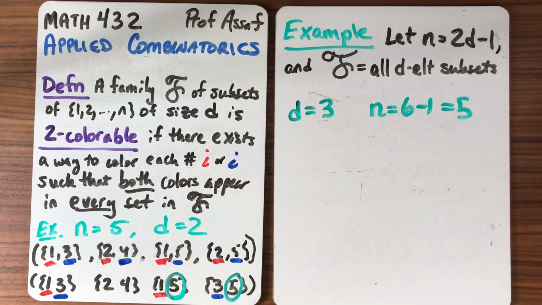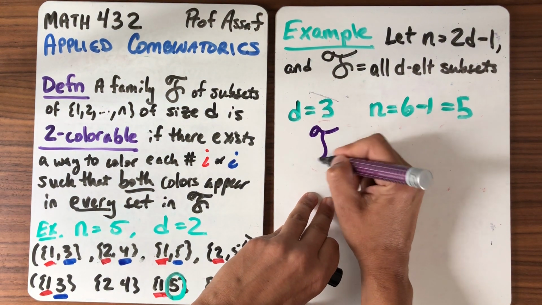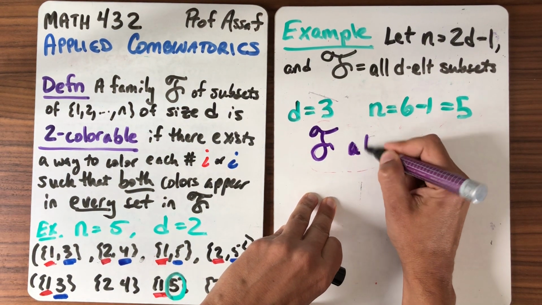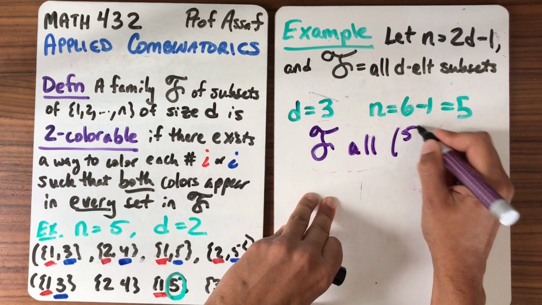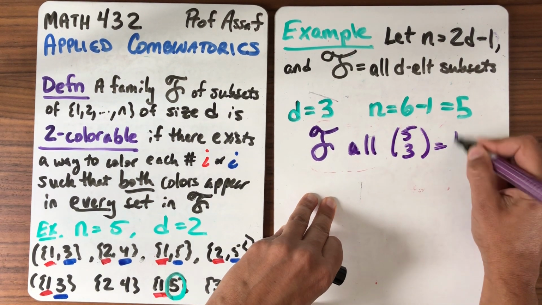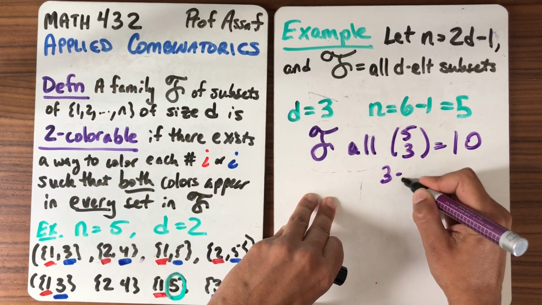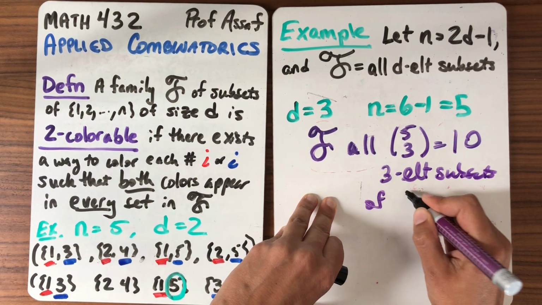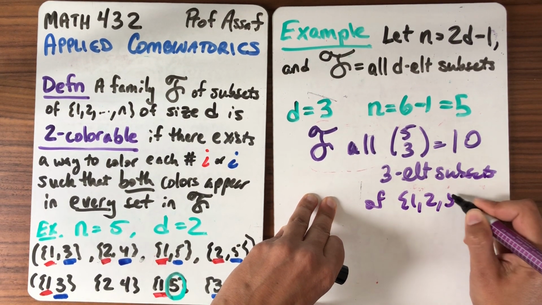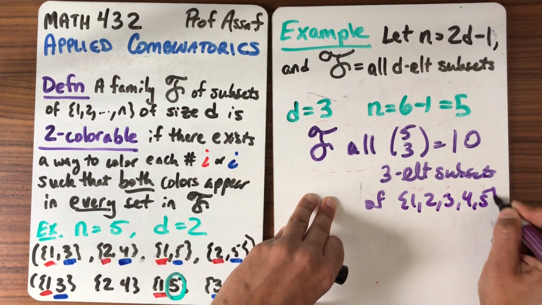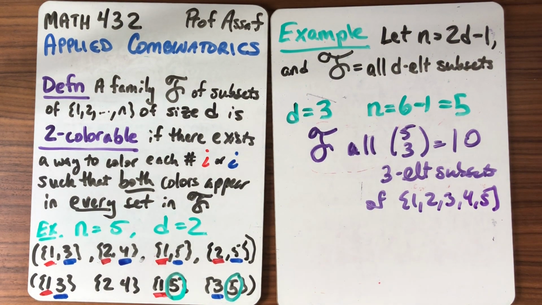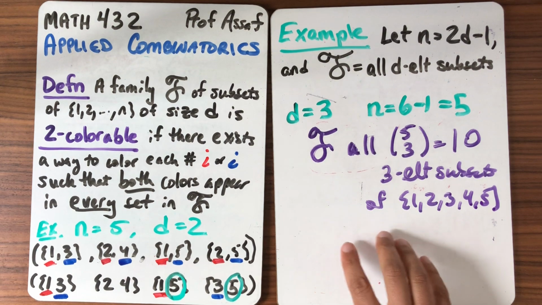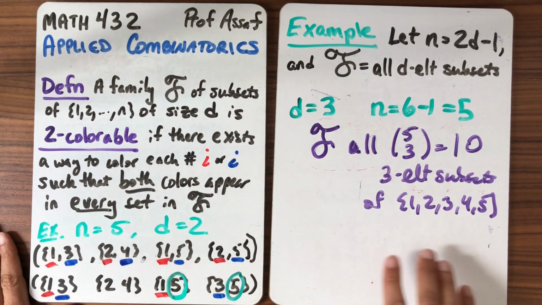This is sort of specific, but I've made it nice and specific. So here F is all 5 choose 3, which is 10 3-element subsets of the numbers 1, 2, 3, 4, and 5. Is this family 2-colorable?